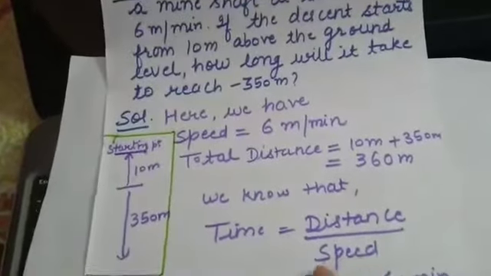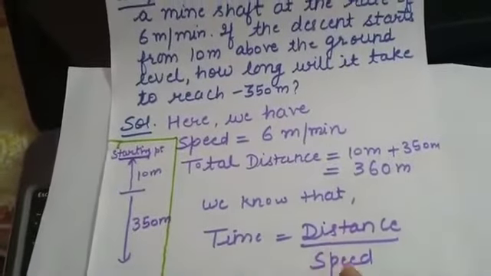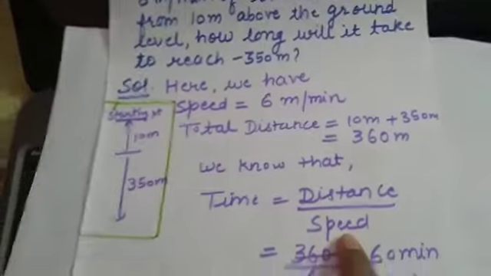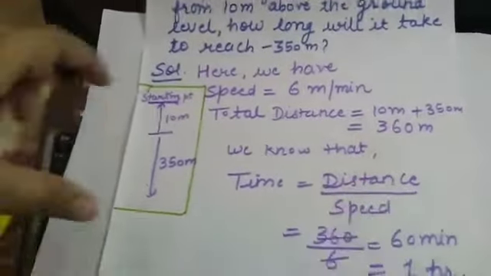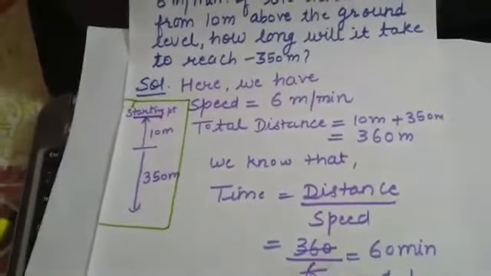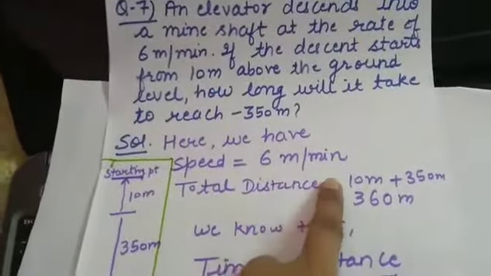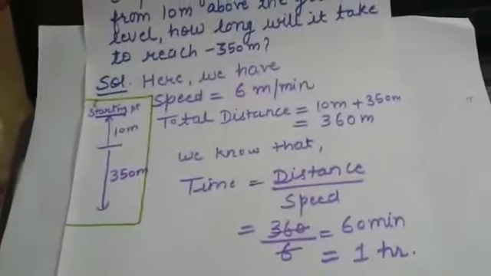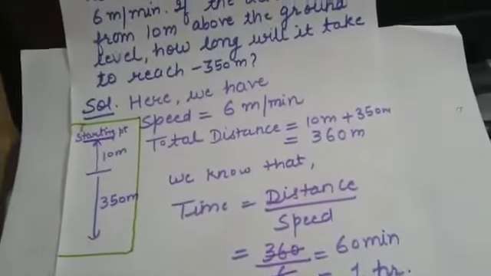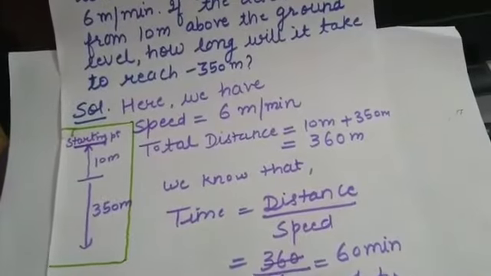Now we know that time is always equal to distance over speed. The distance it is covering is 360 meter and the speed is 6 meters per minute. So the time will be 60 minutes, or you can say 1 hour.